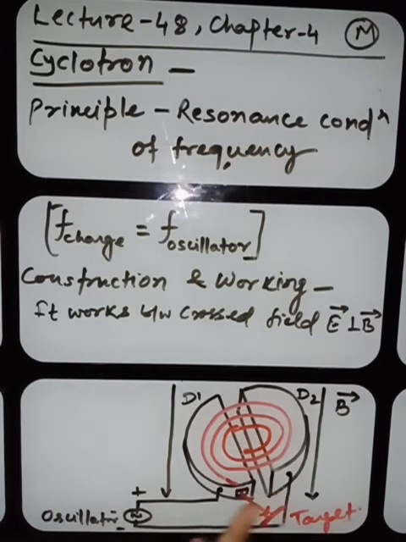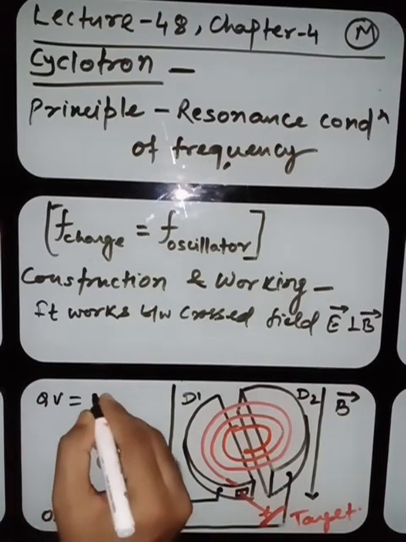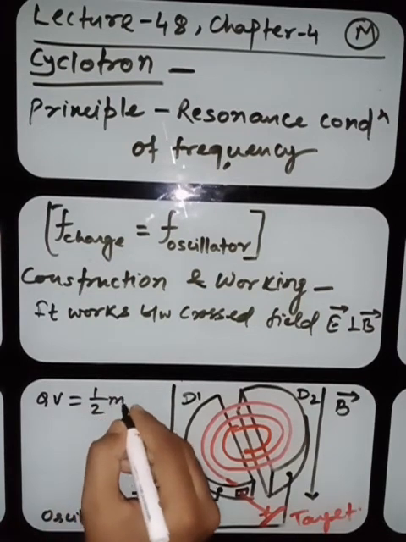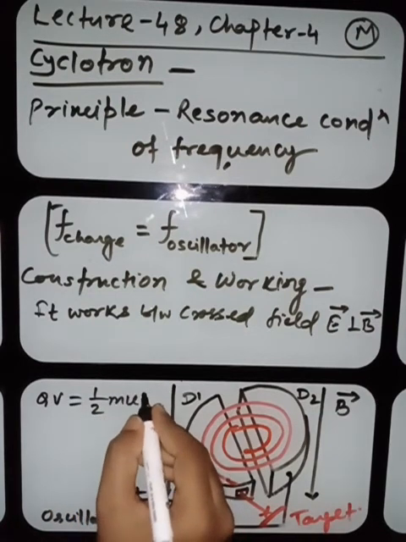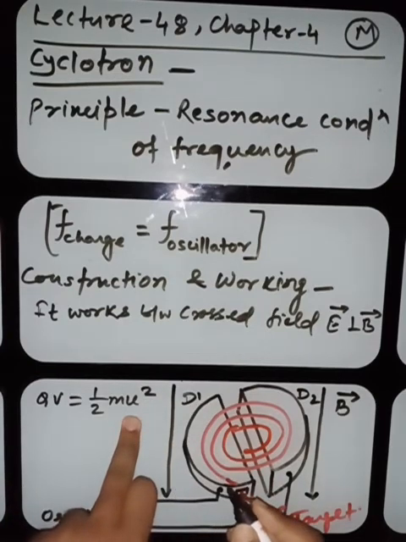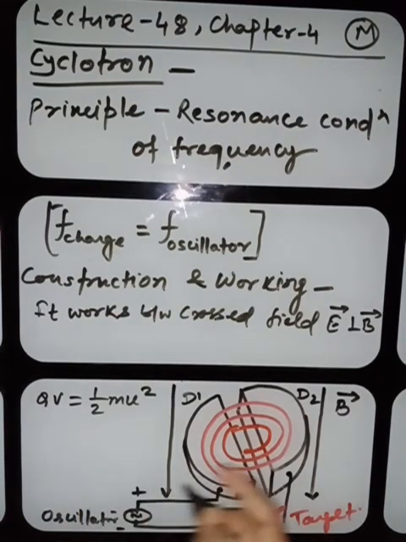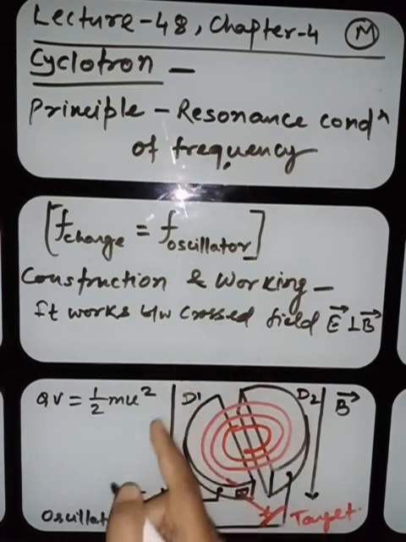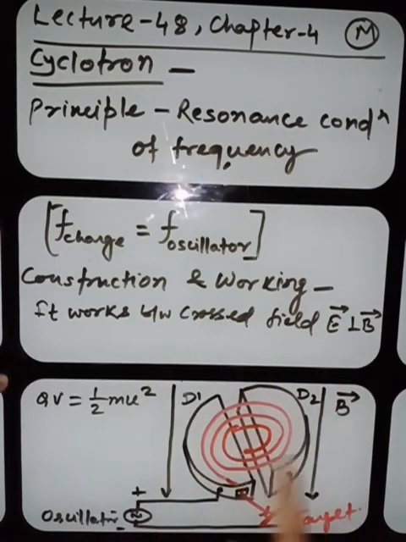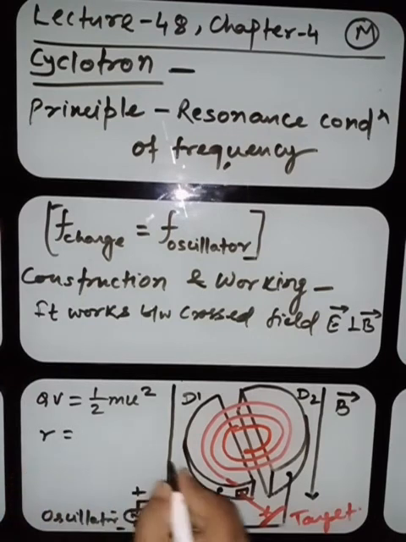If the charged particle is moving with the potential, then qV, where V is the potential, equals half m u squared, where u is the speed. And we have already calculated the radius. It was root under 2 pi m V by q B squared. You have to write that equation of the radius.